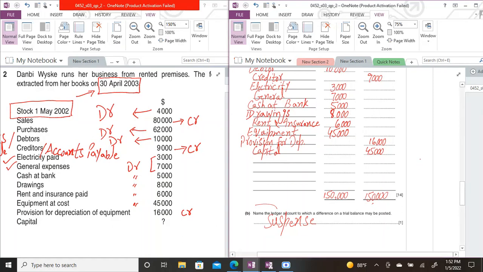And ledger account, you know that we have four ledgers. So I am writing here the name of the ledgers. Sales ledger, purchase ledger, general ledger. General ledger is also called nominal ledger, and cash book.